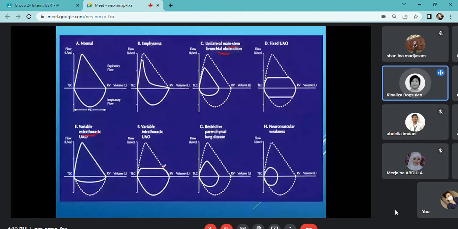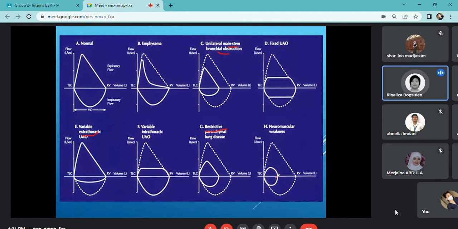Ito naman sa taas, intrathoracic. So, again, sabi ko, tandaan nyo, what is in is out. What is out is in. Ito naman, normal looking pero miniature. Tama? Lumiit siya. Parang nag-shrink lang yung normal loop natin. So, restriction yan. Restrictive lung disease.